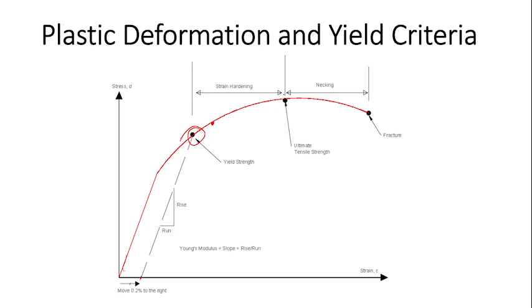What is necking? After ultimate tensile strength, necking will happen. So can anyone tell what is the difference between plastic deformation and necking? Necking is that cup and cone arrangement.